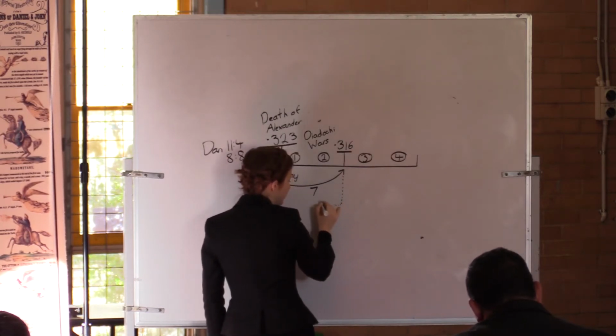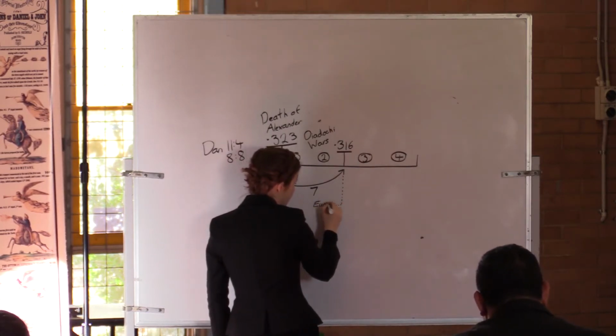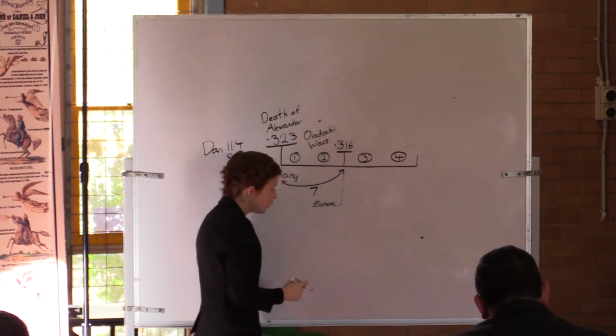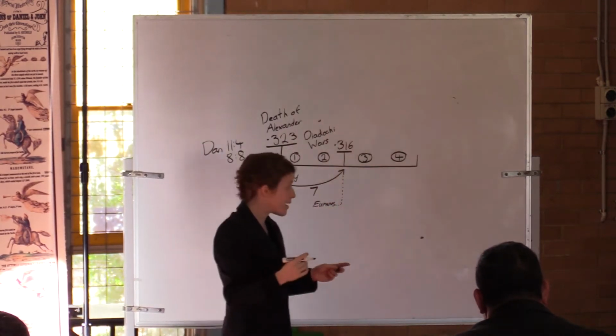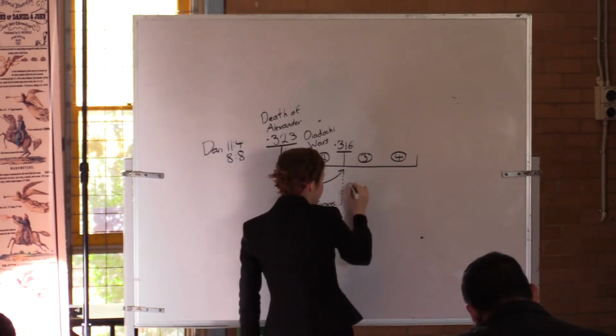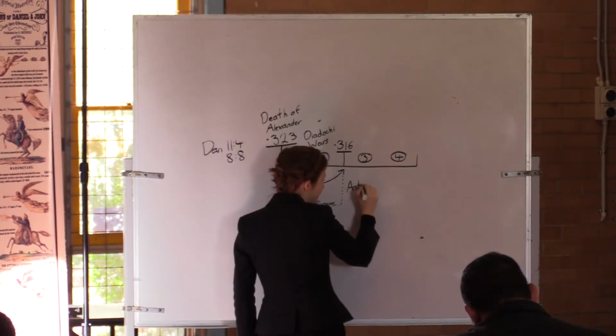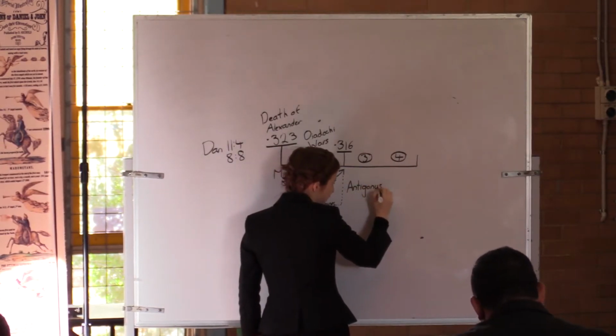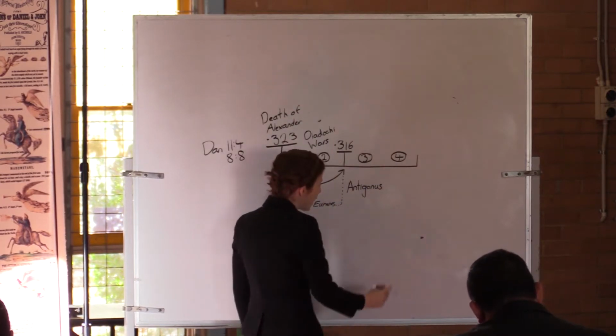Prior to this, they'd been fighting against a general known as Eumenes. Eumenes dies, and at the death of Eumenes, one general becomes the most powerful of any after the death of Alexander that existed in that kingdom, Antigonus.